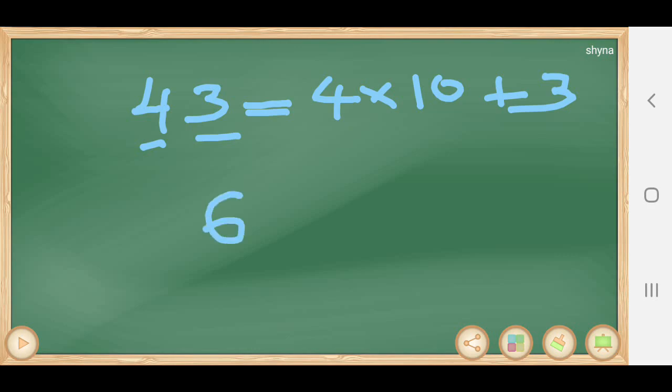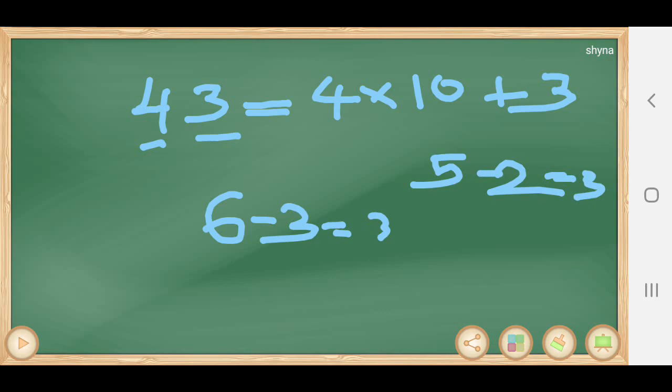If one digit is 6, the other digit will be 3, because 6 minus 3 equals 3. Or if it is 52, 5 minus 2 is 3. That means you have to find such a number, where the difference of the two digits is 3, and also after interchanging, its sum should be 143. Two conditions are there.